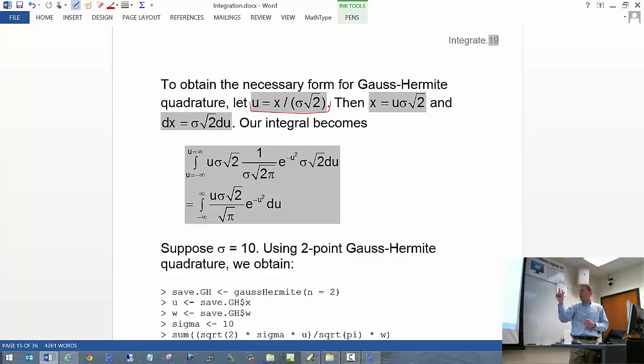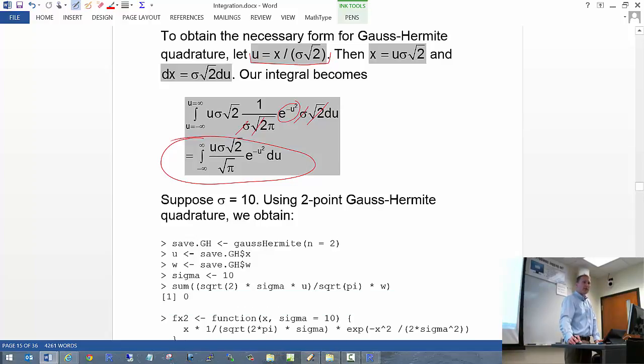That's all I want. Notice here's my e to the negative u squared now. And some things cancel out, so I'm left with this as my integral. This equals my original integral.